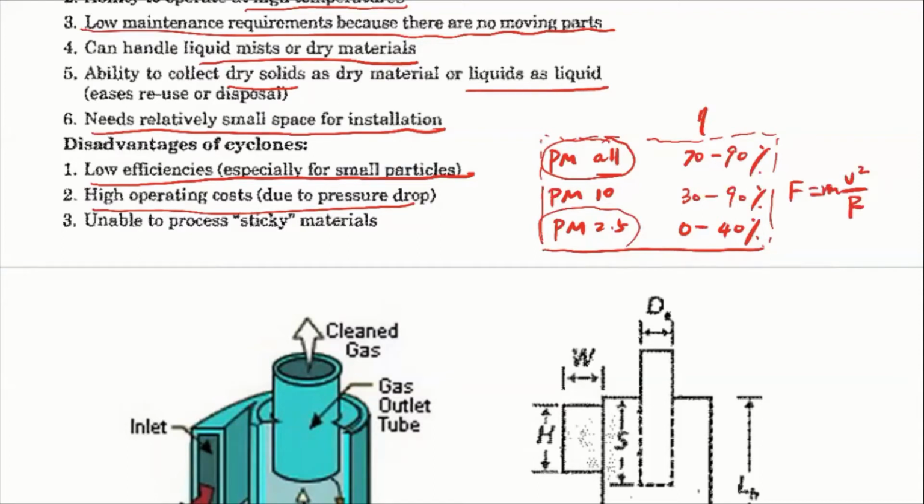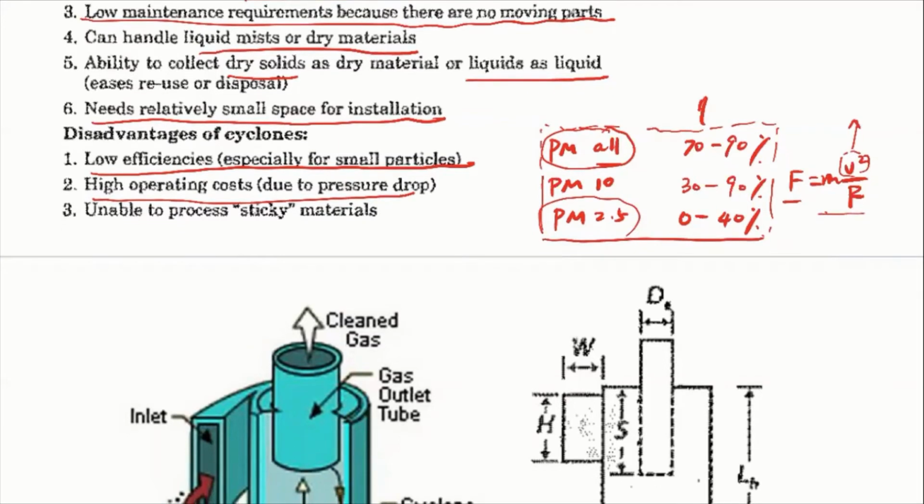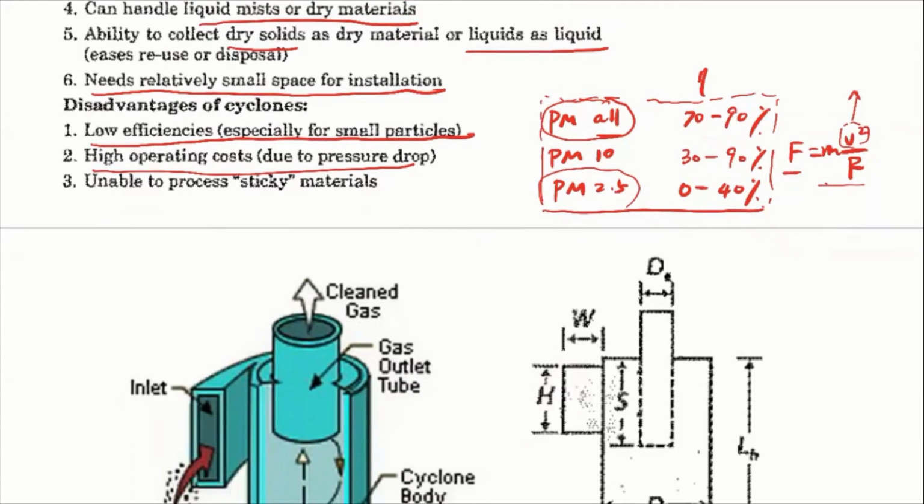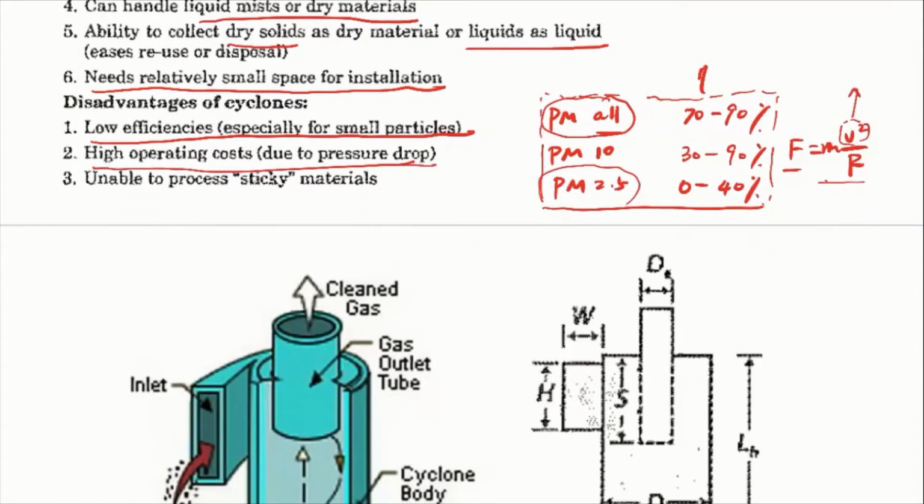If the velocity becomes higher, then the required centrifugal force will become higher, which means that smaller particles cannot sustain themselves in the rotational movement. So we have to bump up the speed. But once we bump up the speed, the pressure drop will become higher, right? So it's going to cost more in terms of maintaining this device.